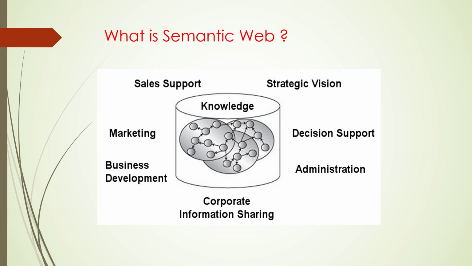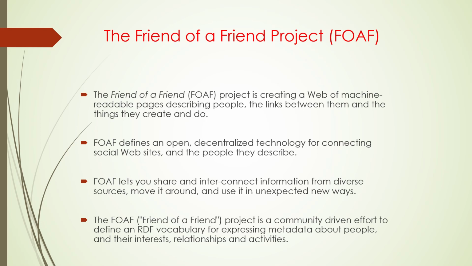It could be used for sales support, marketing, business development, decision support, etc. Let's take a look at one of the ways where we could implement semantic web. This is a Friend of a Friend project where machine readable pages are developed using self-describing pages.